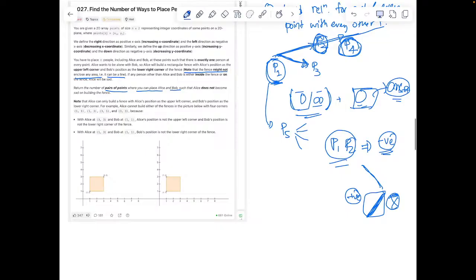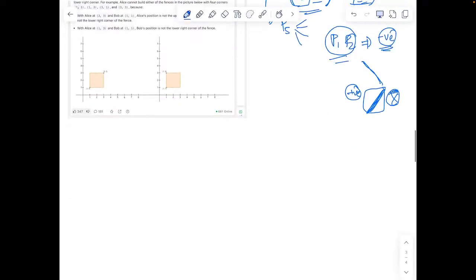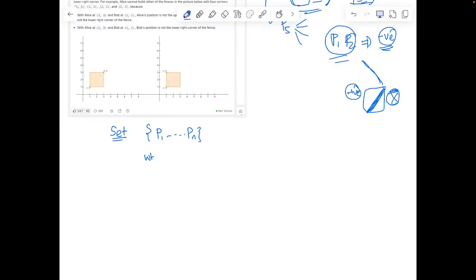Now let's code it up. Let's identify the code structure. So I will be using a set where first I push all the points up till Pn. Then the next step will be this loop. We can call it while true.